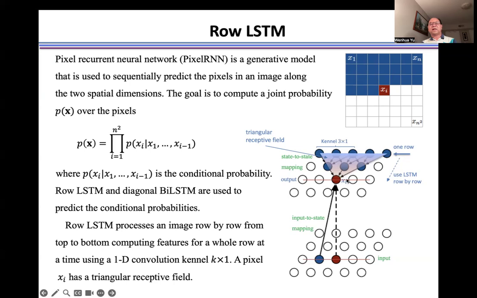A pixel xi has a triangular receptive field. LSTM uses this as an input, and the pixels in the triangular receptive field, to predict the conditional probability of xi.